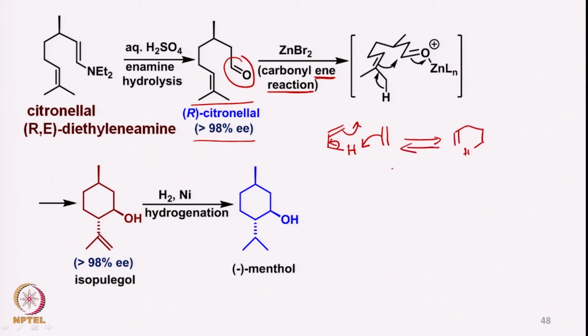So this is in equilibrium, this is called the ene reaction, and that also can be done using an aldehyde, which is what is known as carbonyl ene reaction, and therefore in the carbonyl ene reaction when a Lewis acid like zinc bromide is used, zinc bromide coordinates with the oxygen of the aldehyde, and then we have this type of proton transfer, and that leads to the formation of the corresponding alcohol, and this alcohol which now has a double bond because of this ene reaction can be hydrogenated, and of course now during the process we have basically formed menthol.